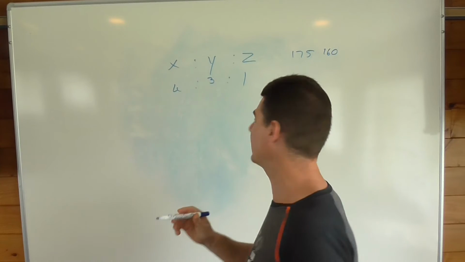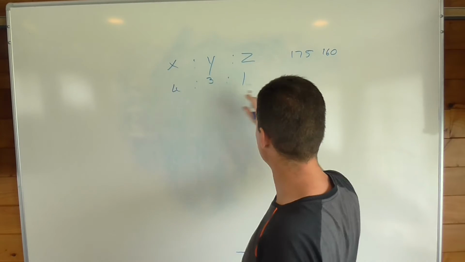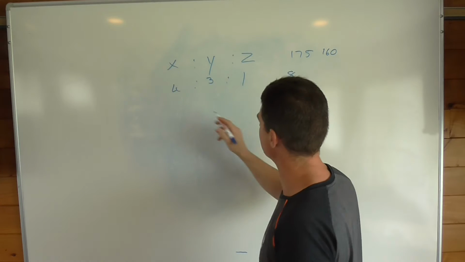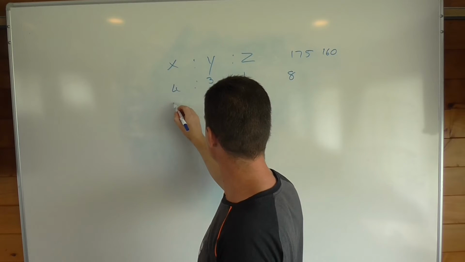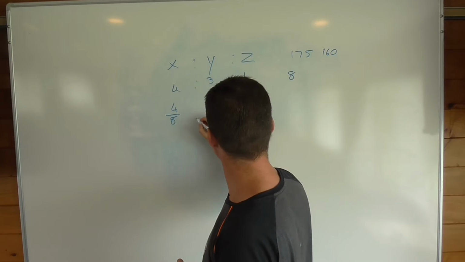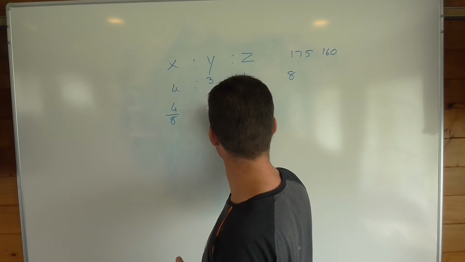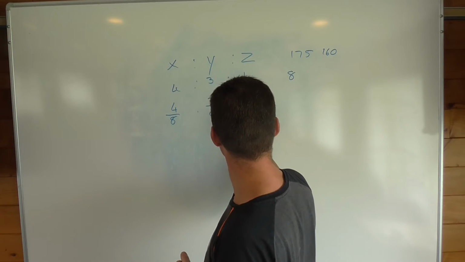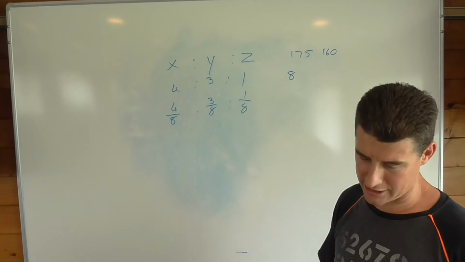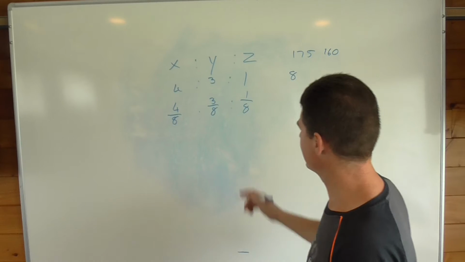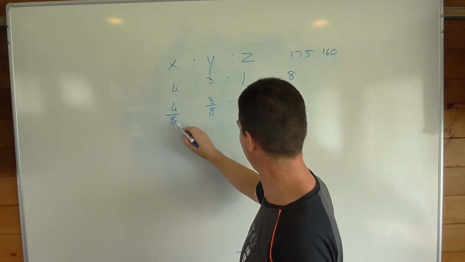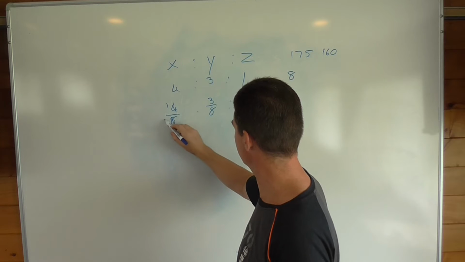We first need to calculate how many portions there are. So 4 plus 3 plus 1 is 8. So there are 8 portions. X will get 4 out of 8 portions, Y will get 3 out of 8 portions, and Z will get 1 out of 8 portions. Now let's see if we can bring it into a simpler form. 4 out of 8, yes, 4 goes into both.